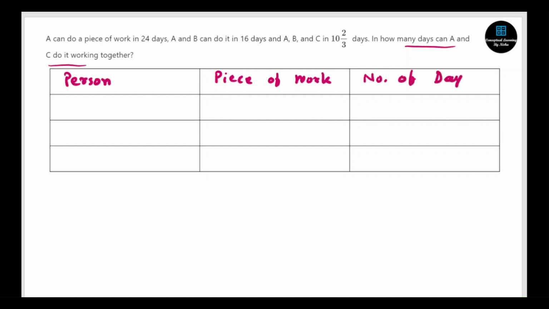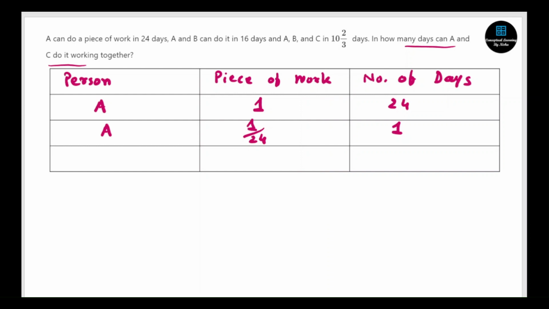Now what they are saying: person A can do a piece of work, meaning one whole work, in 24 days. So how much work can A do in one day? 1 over 24. So A can do 1/24 of the work in one day.